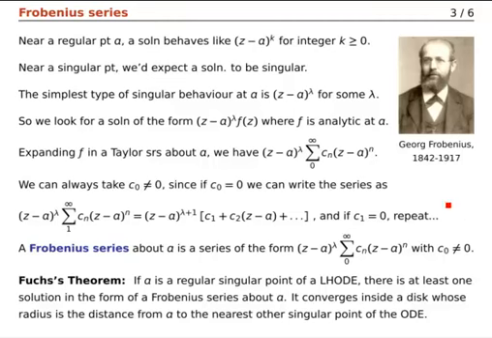So the idea is, if this is a singular point, and if that is some other singularity, then the Frobenius series converges inside a disk like that. It is the largest disk which doesn't include the other nearest singularity inside it.